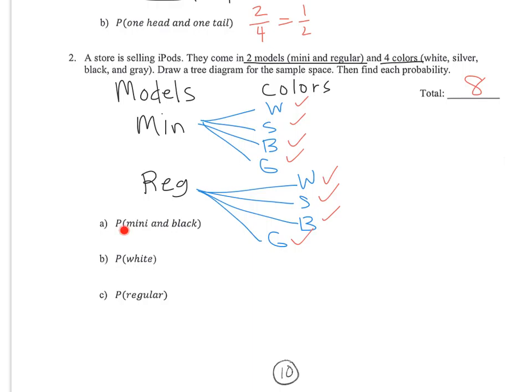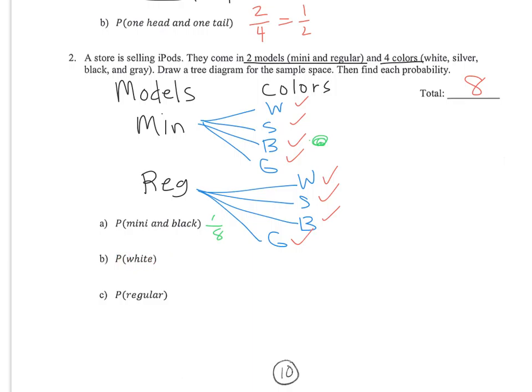What is the probability you get mini and black? We're going to count up all of the ones that are mini and black. This one's mini and white, mini and silver, mini and black. So this right here is mini and black. It's the only one, so it's 1 out of 8. What's the probability of getting a white?